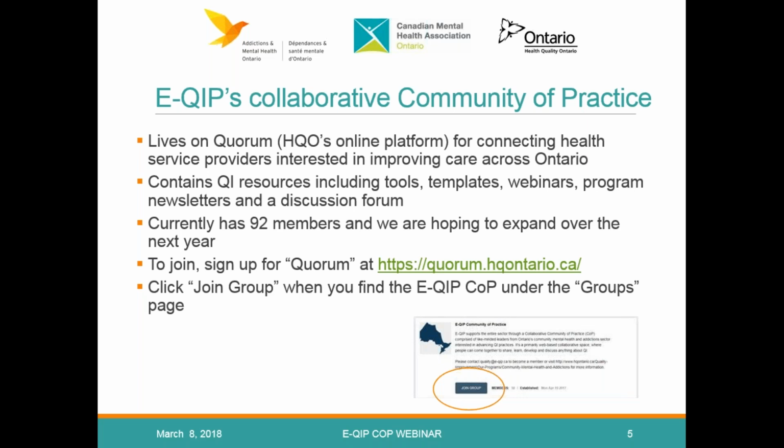The E-QIP community of practice currently has 92 members, and we're hoping to expand that over the duration of E-QIP. The last two bullet points on this slide are instructions on how to join the group, and that information is in more detail on the handout PDFs in the handout section of the GoToWebinar window.